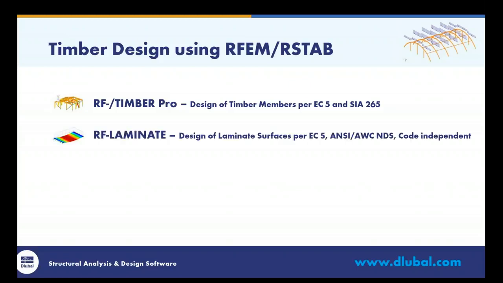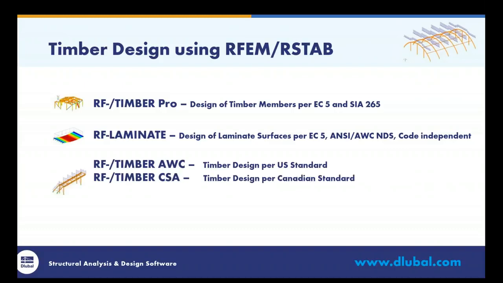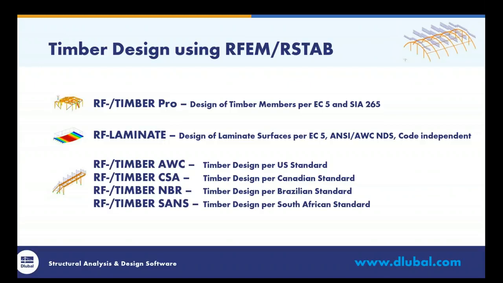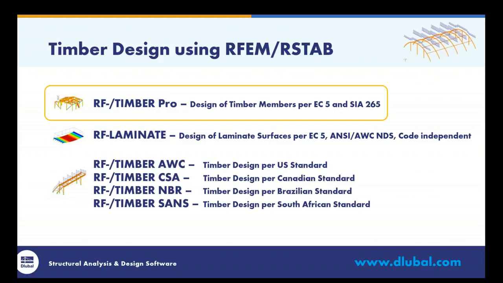Then we have the module RF-Laminate for the design of laminate surfaces. We have several modules for different standards: the US, Canadian, Brazilian, and South African standards. And today we will use the module RF-Timber Pro.